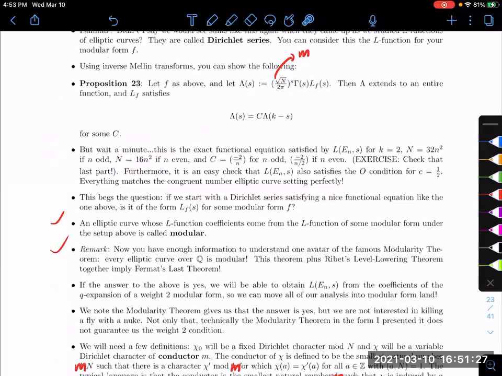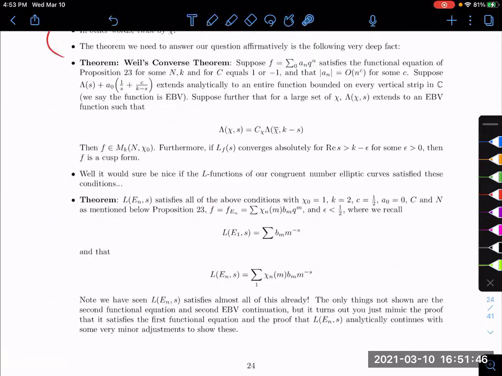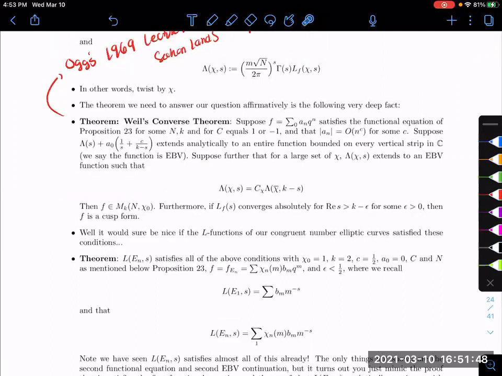So this functional equation right here for some capital N, for some k, but we're going to require c is plus or minus 1, which, by the way, notice that the L function of our elliptic curves, c was plus or minus 1. Okay, so that's good. And we're also going to require that these coefficients satisfy our big O condition, which is something we've been requiring for the last 15 minutes.